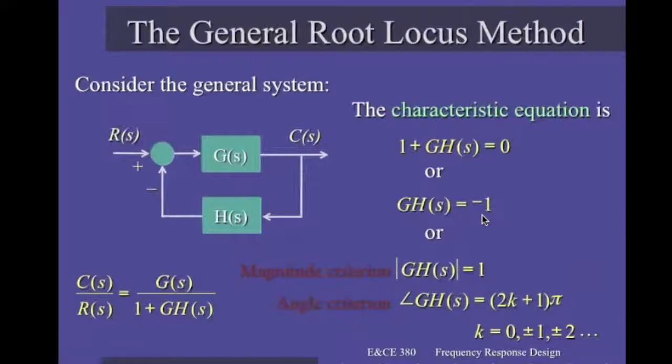Now you have to consider that S is the Laplace abscissa, and so generally it is a complex number. So you have to deal with this equation in the field of complex numbers. I mean that generally for a given value of S, GH of S, or if you like G open loop of S, is a complex number.